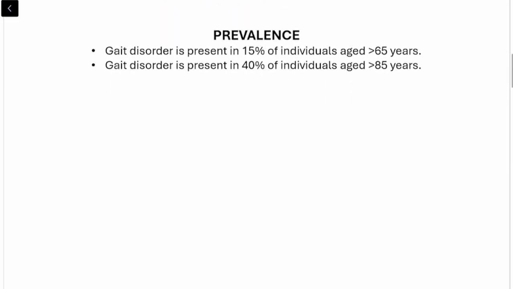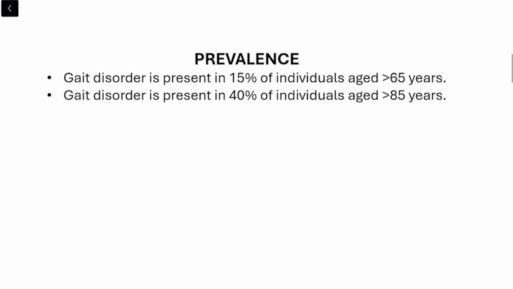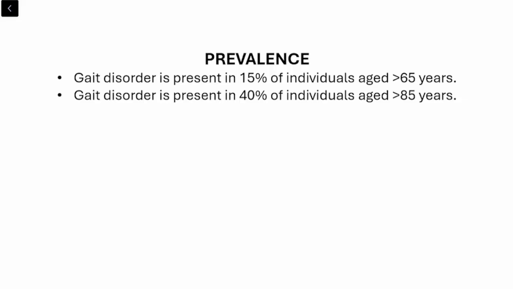Now, going on further, what is the prevalence of gait disorders? See, gait disorder prevalence increases with age, maybe because of arthritis, maybe because of cerebrovascular accidents, maybe because of some fracture, maybe because of some neurological problem of peripheral nerve, maybe because of sciatica, or whatever the cause.